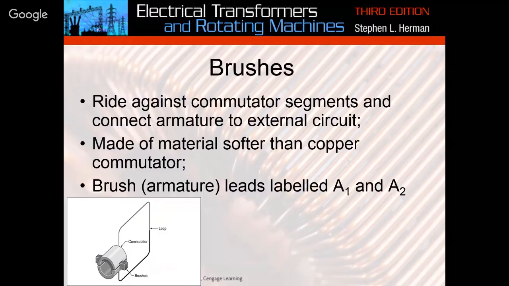But anyways, they're just little carbon rectangles. They look like this. They have two wires coming off that you bring up. The wires just go in here and here, and these are usually made of graphite or some sort of conductive carbon. They are shaped so that as the circular commutator rolls through, they make contact with those three separate spots I was telling you about.